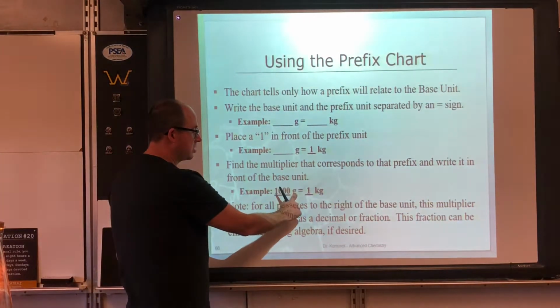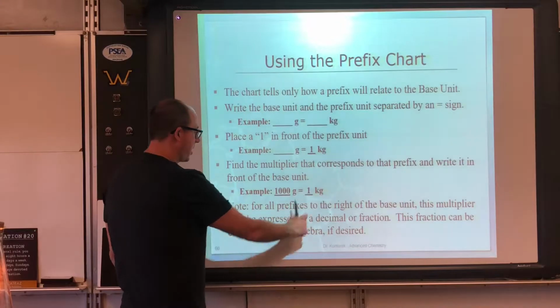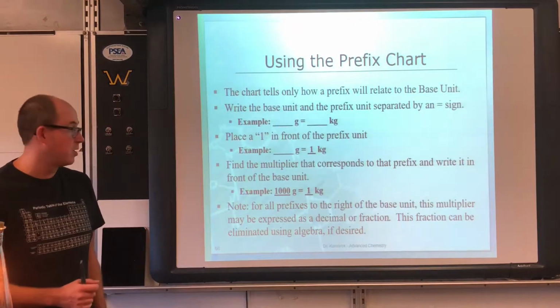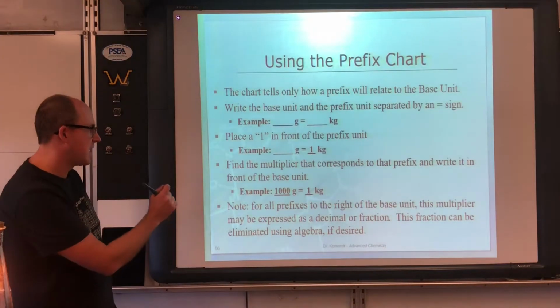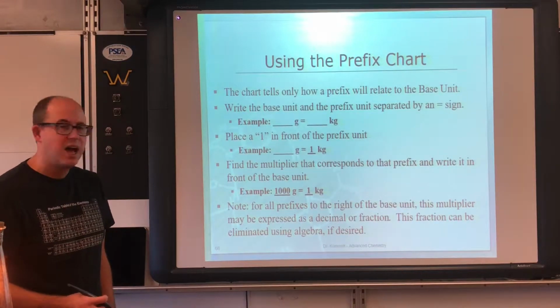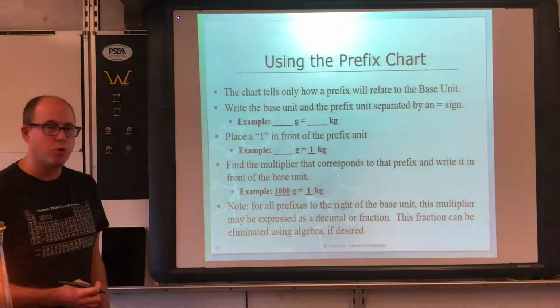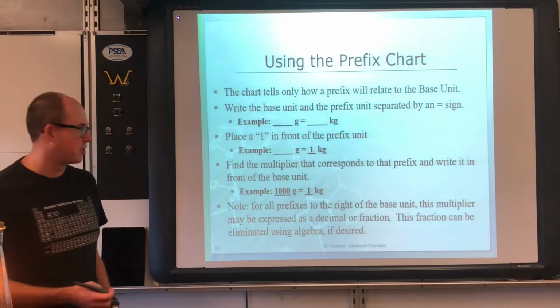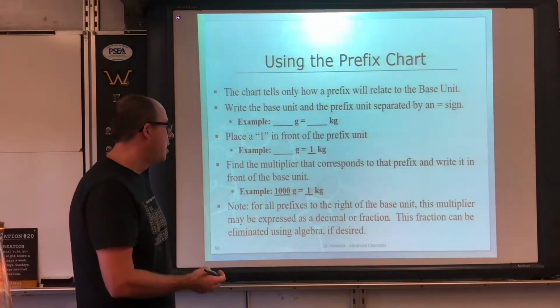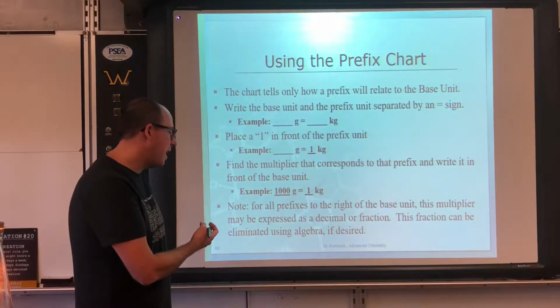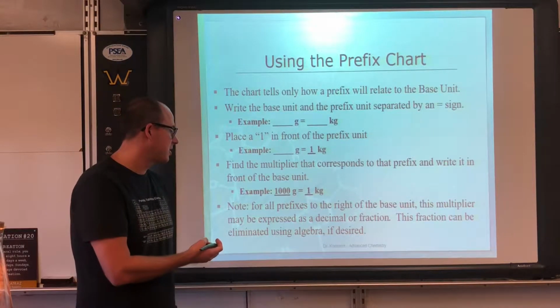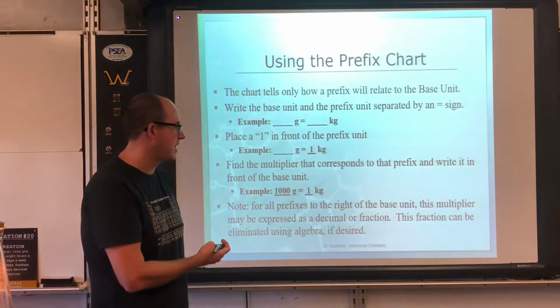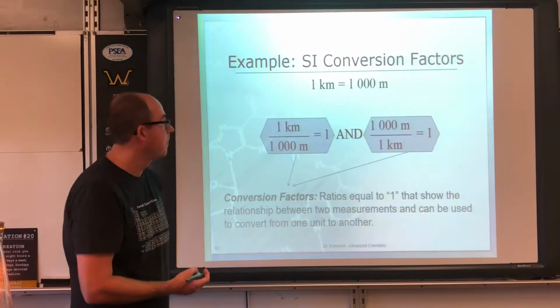So it'll be 1,000 grams is equal to 1 kilogram. Make sure you notice that to the right of the base unit, we can express this as a decimal or a fraction, or on either side we can actually use scientific notation to express these also. But if we use it as a fraction, sometimes it allows us to make the algebra a little bit simpler.